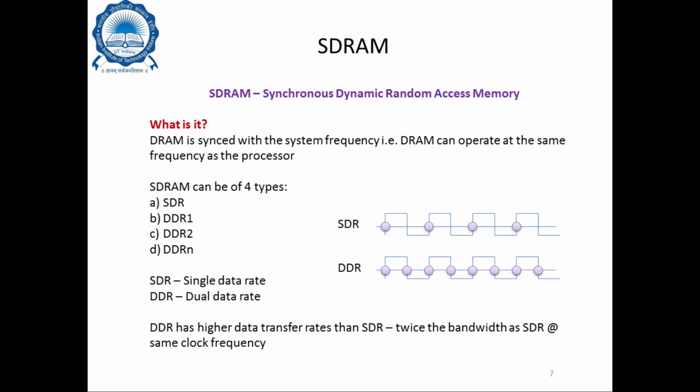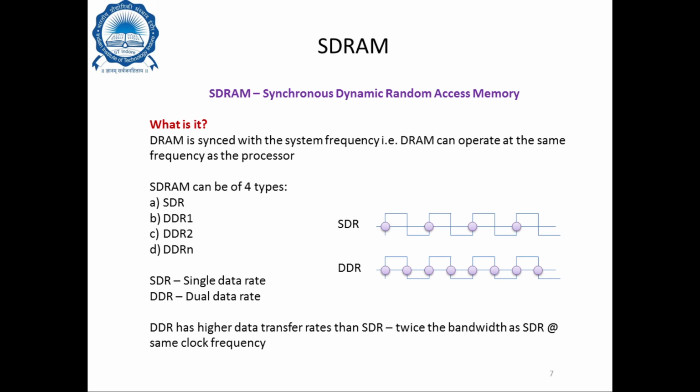Now let me first talk of synchronous DRAM and let's see how this helps. When DRAM is synced with the system frequency, that is, the DRAM can operate at the same frequency as the processor, it is known as synchronous DRAM. And this synchronous DRAM, SDRAM, can be of two types. The first is SDR based, which is single data rate based, and the second is double data rate based. Double data rate can be further classified into DDR1, DDR2 and DDRN.